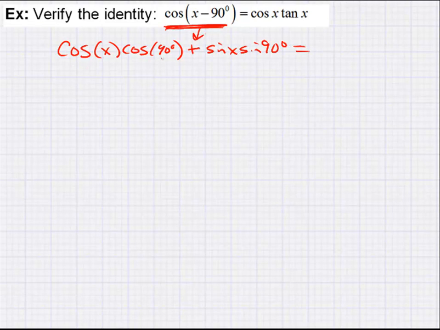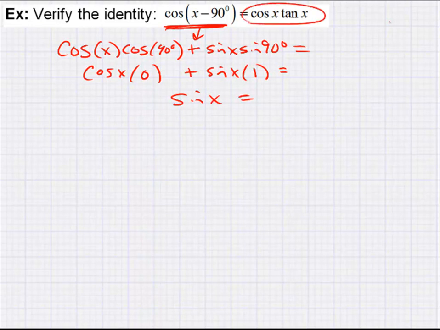Cosine of 90 degrees is 0. So I get cosine of x times 0 plus sine of x times the sine of 90 degrees is 1. So in the long run that just gives me sine of x. But that's not what's on this side.